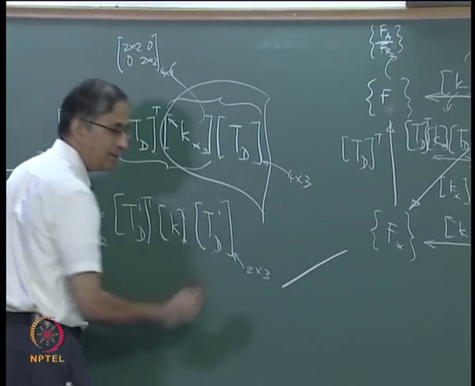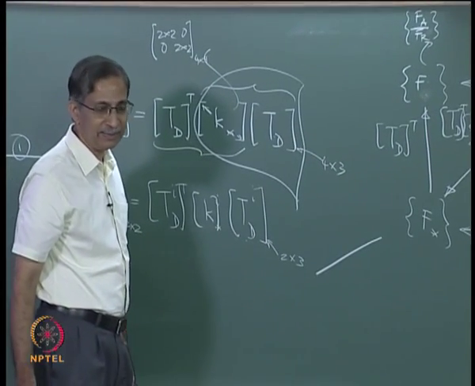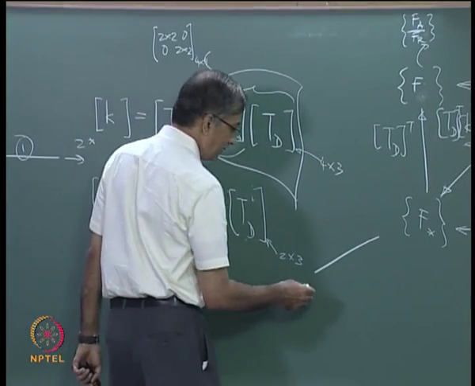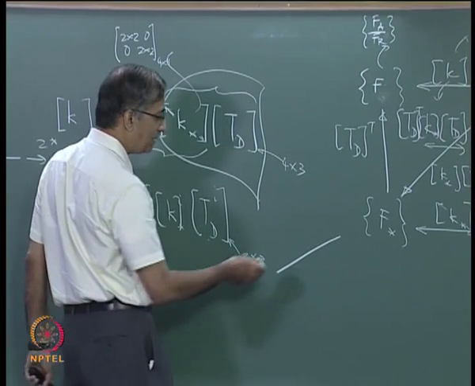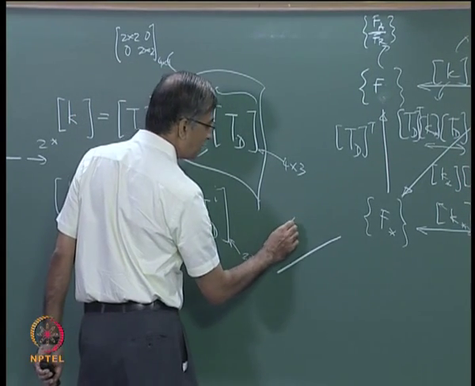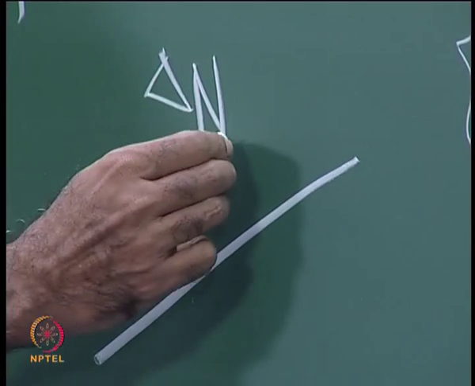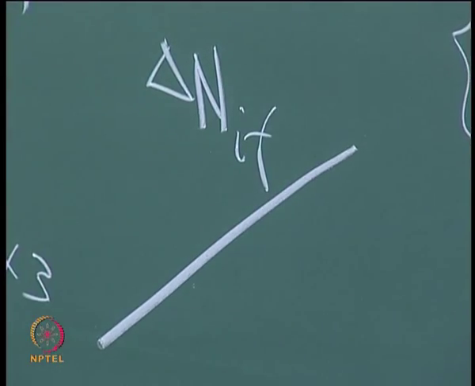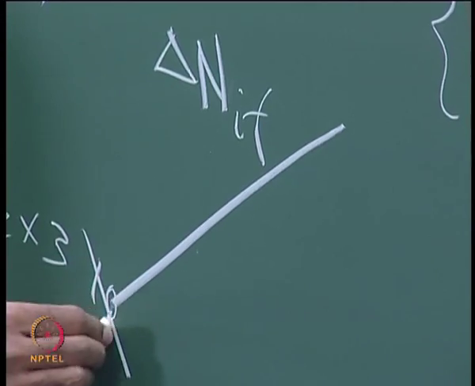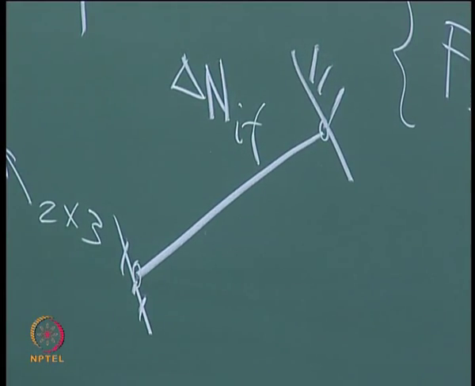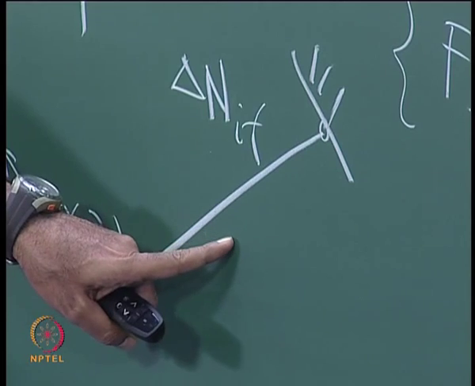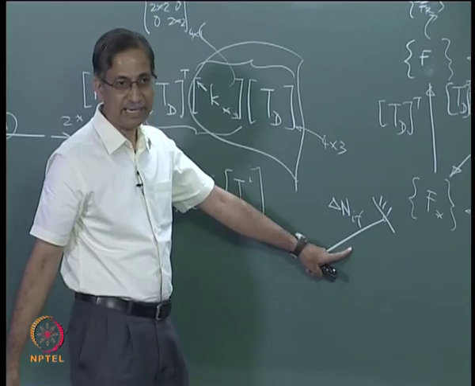Please listen, this is my vector. Let me not prejudge the issue, let me say this has some internal force delta Ni F. Can I say that? This is arrested due to some reason. Let us say I cool this bar, I reduce the temperature, then it goes into tension, you agree?